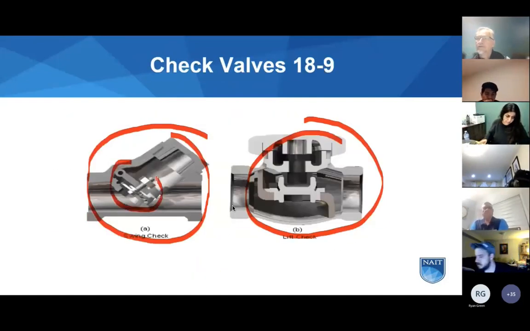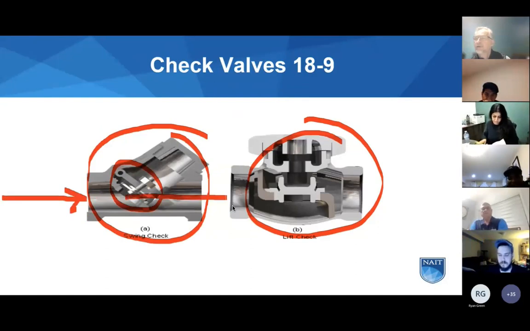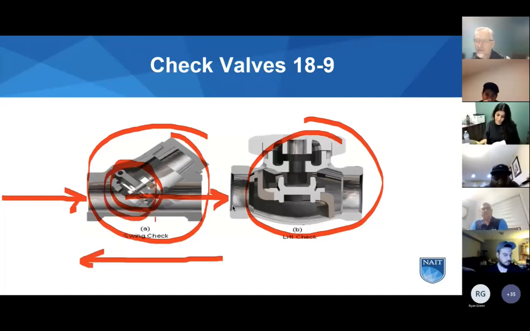So this is a pivot, disc hanging on a pivot. Flow is coming into this valve. It will push the disc open and flow will carry on. Should flow try to come back, it pushes the disc shut, swings over in a swing check valve.